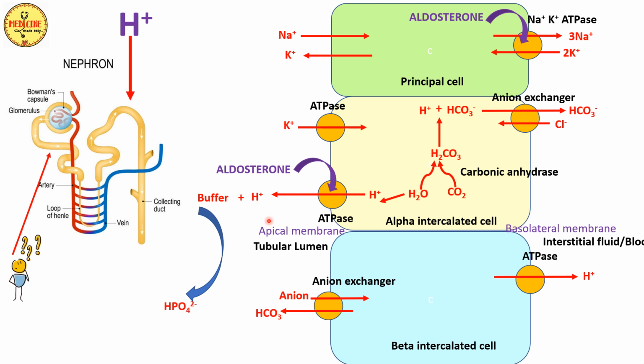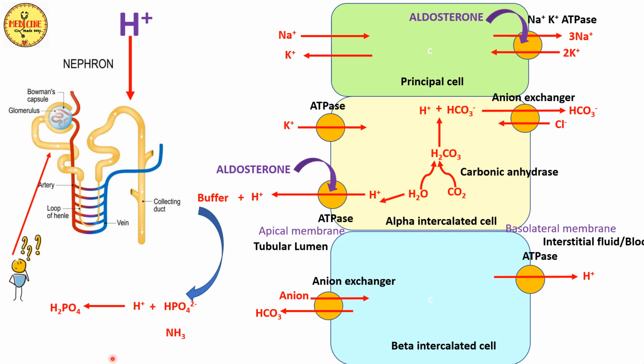So what are the buffers we have? We have two main buffers in the tubular lumen. One is the phosphate buffer, where HPO4 2- reacts with hydrogen ions to form H2PO4-, or phosphoric acid. And then we have ammonia, which reacts with hydrogen ions to form NH4+, or the ammonium ion.